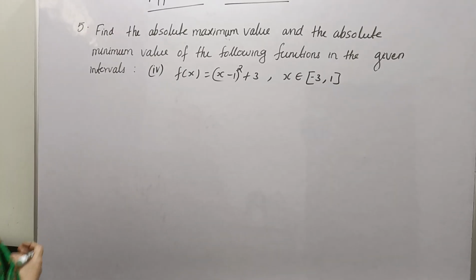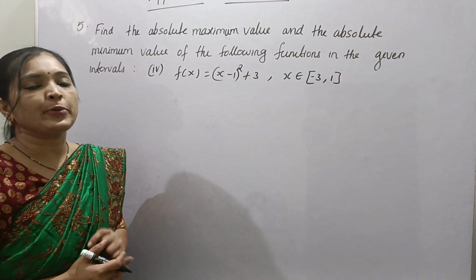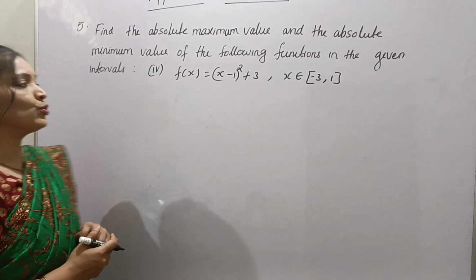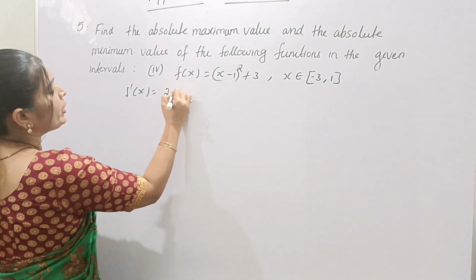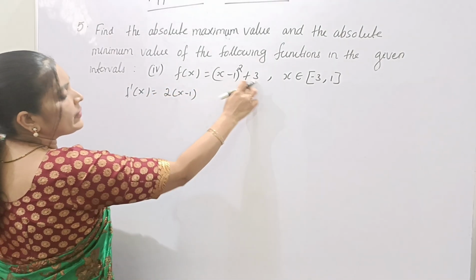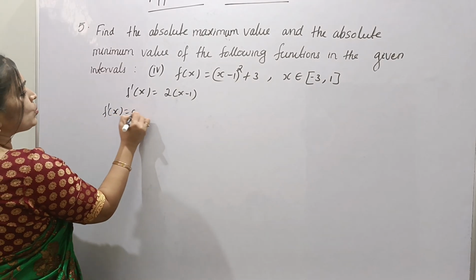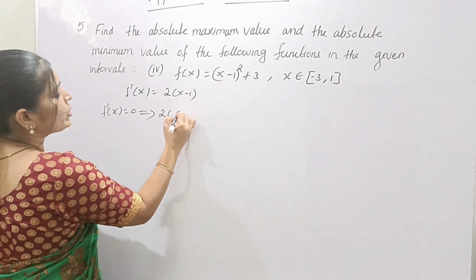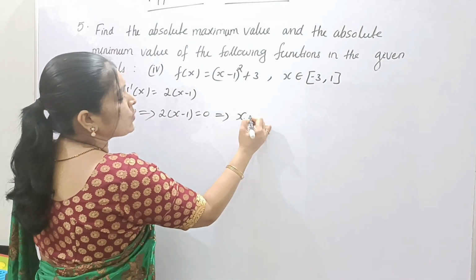So next function, f of x is equal to x minus 1 whole square plus 3, and here x belongs to the closed interval minus 3 to 1. So here f dash of x is equal to 2 into x minus 1, derivative of 3 is 0. Then f dash of x is equal to 0 implies 2 into x minus 1 is equal to 0, that implies x is equal to 1.